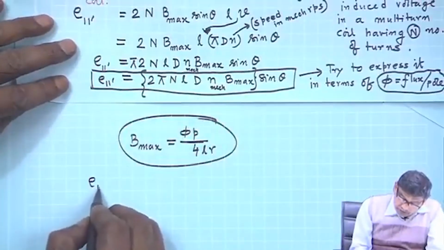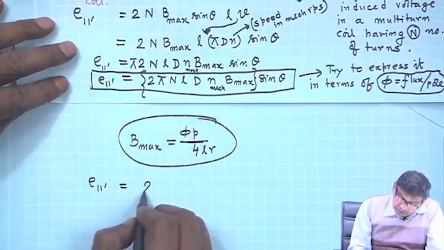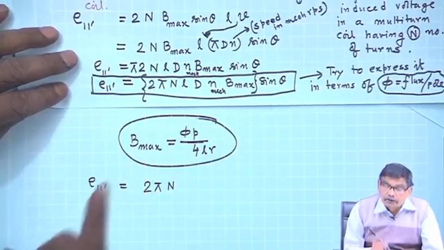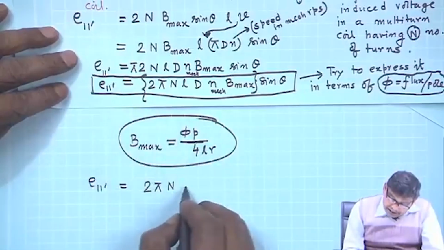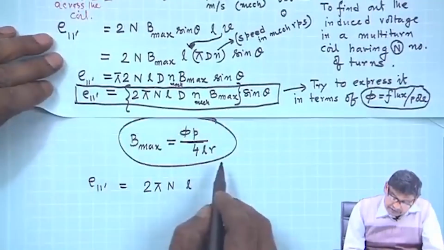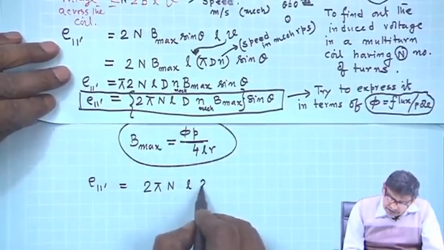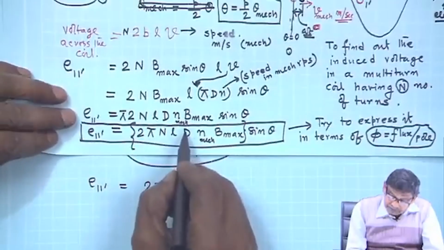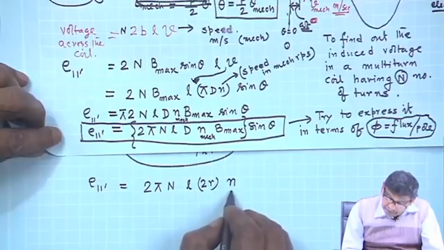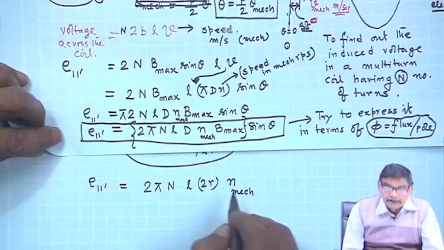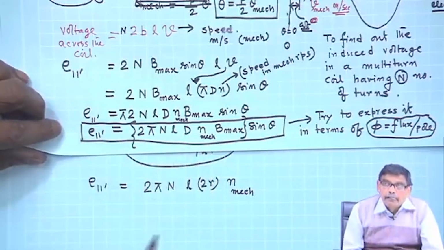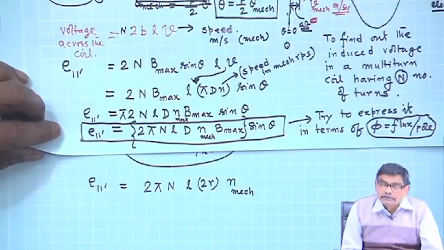So, E 1 dashed will be equal to twice pi capital N. What is this capital N? Number of turns of the coil. Then L into capital D. So, capital D is 2 into radius of the rotor, and then n mechanical. What is this small n mechanical? The speed of rotation of the rotor or the coil, which can be measured with a tachometer.